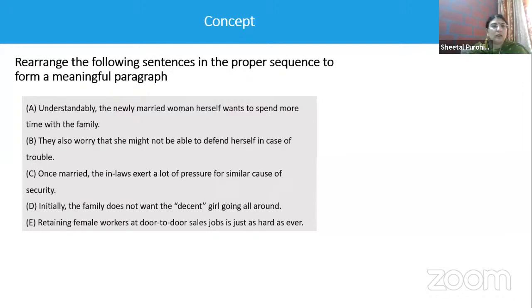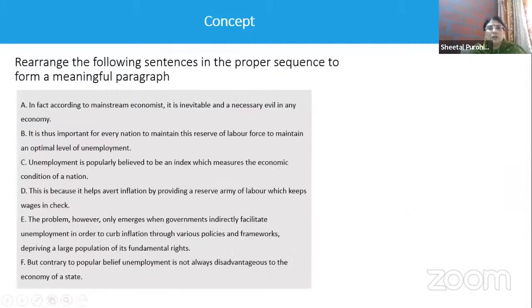Okay. Now the next question we will do. So again, they have given you six sentences. I told you make sure that the first sentence should have some concept. Some concept should be introduced over there. Do this.